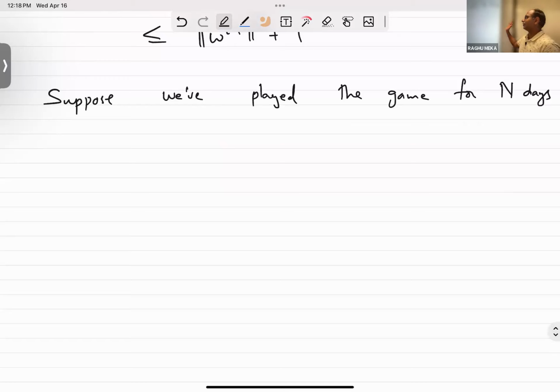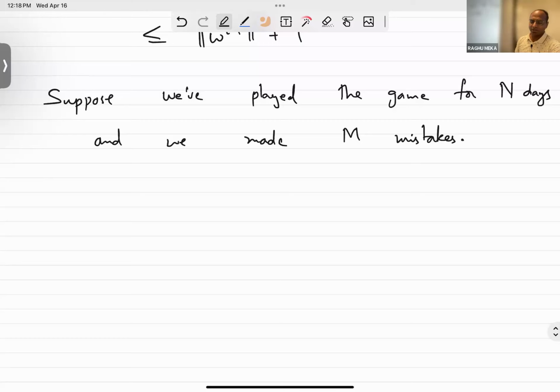Every day we get an example, we make a prediction. If we make a mistake, we get some penalty. So we played the game for however many days, and at the end we made capital M mistakes.